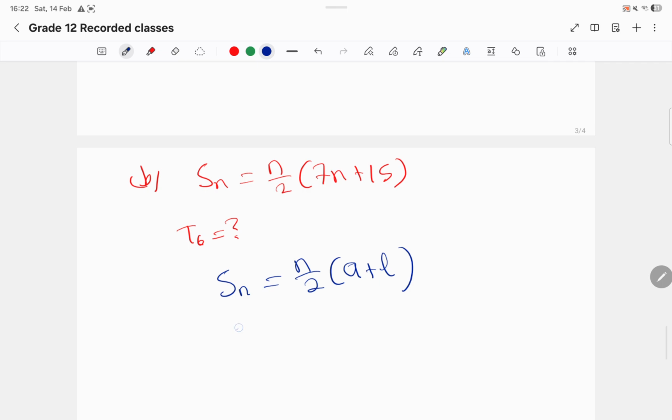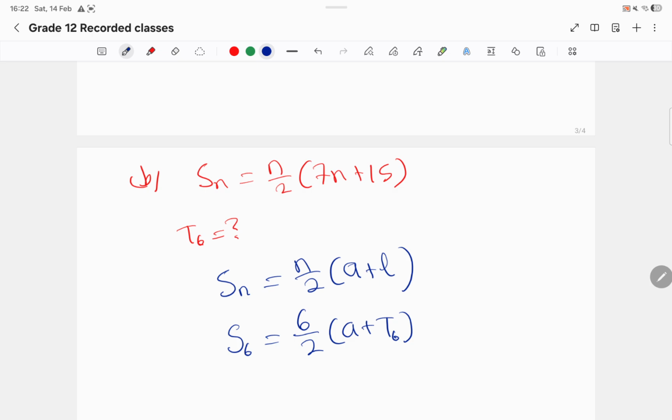This means that if you want S6, you're going to have 6 over 2 into (a plus T6). Yet we don't know what T6 is, and this is what you're looking for.